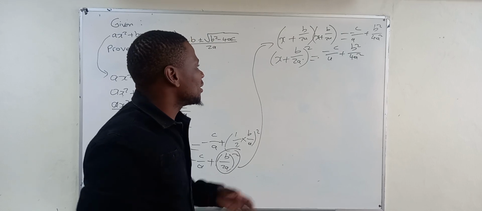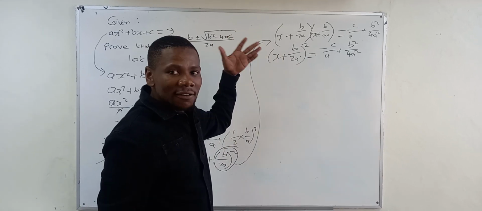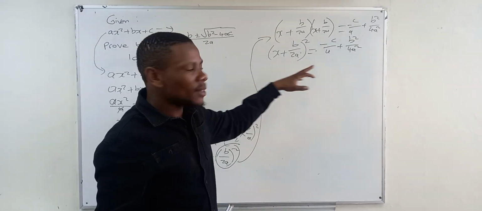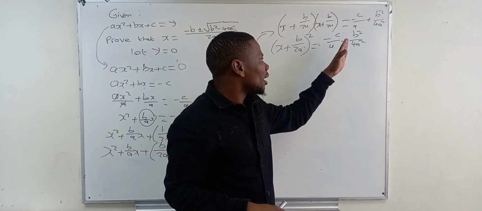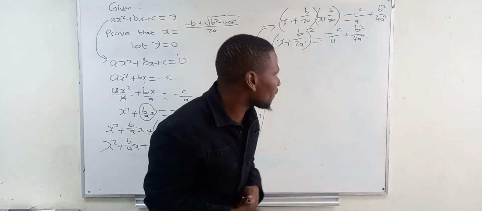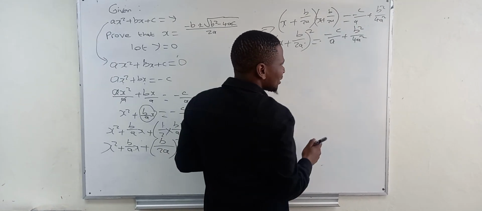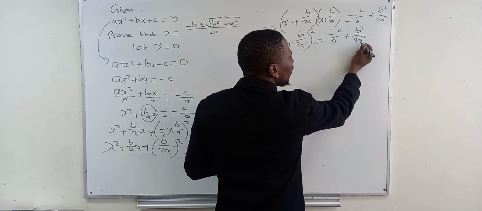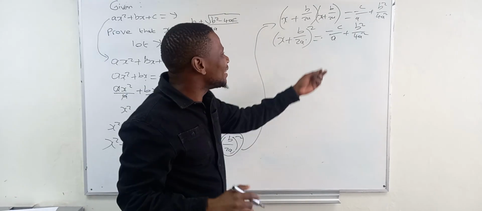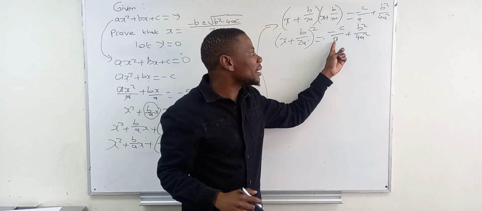So on the left hand side, guys, we have this bracket. From this one, we have simplified it up to this point. So on the right hand side, we can simplify this one. Okay, we have a as a denominator, we have 4a squared as denominator here. So we have to simplify this.